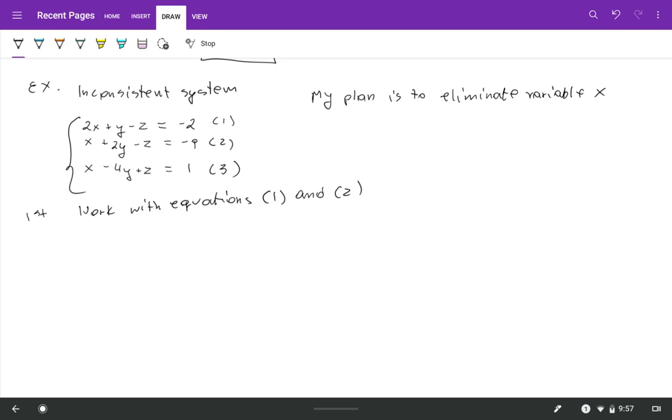Okay, so equation 1 is 2x plus y minus z equal negative 2. Equation 2 is x plus 2y minus z equal negative 9. The idea is to eliminate variable x. So I would like to have in front of x from equation 2 negative 2. In order to do that, I need to multiply the entire equation by negative 2.